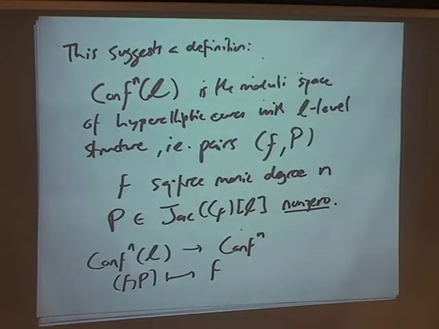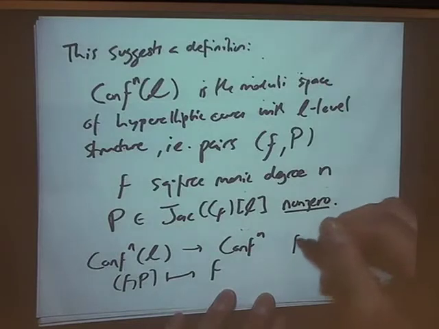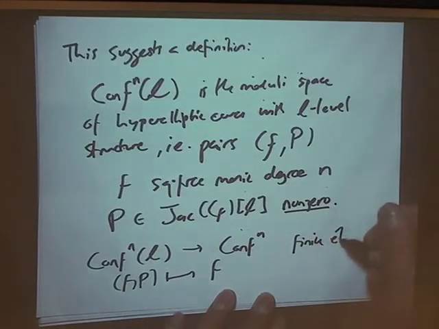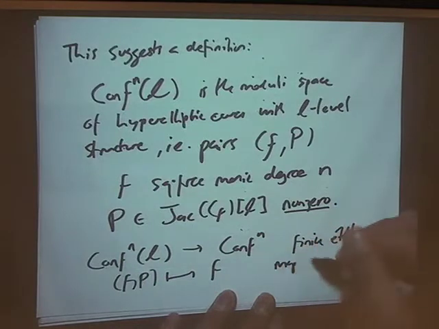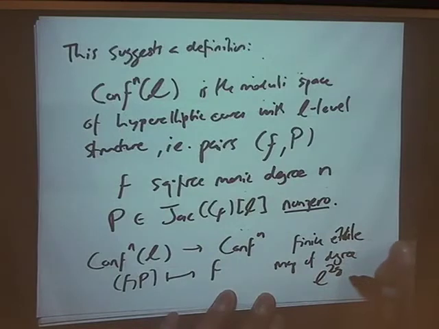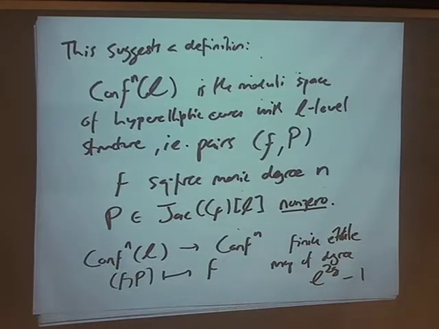And this is a map. It's a finite map, right? Because its fibers over a given f are just the non-zero L-torsion points. So this is a finite étale map of degree L to the 2g minus 1, where g is the genus of the hyperelliptic curve, which you can determine from n.